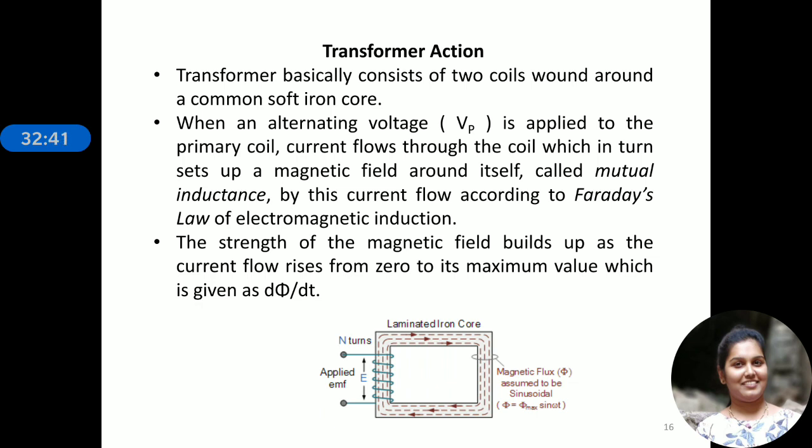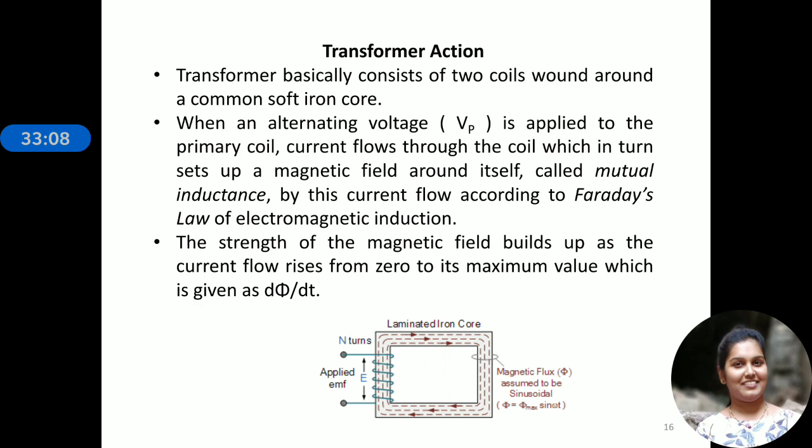But if the two windings are electrically isolated from each other, how is this secondary voltage produced? This is the question. So we say that both the windings are electrically isolated, but how is it possible to produce secondary voltage? The answer is very simple: a transformer basically consists of two coils wound around a common soft iron core.